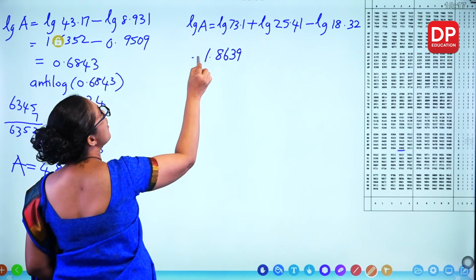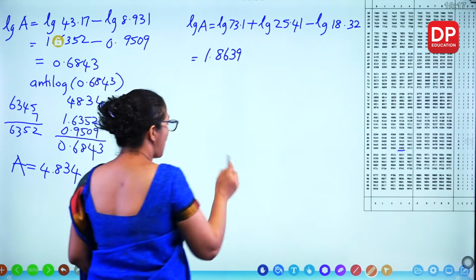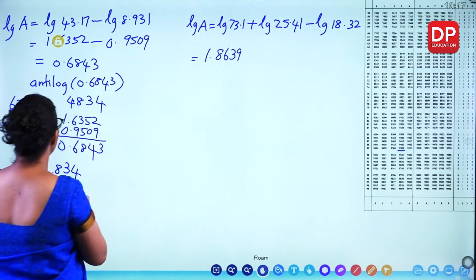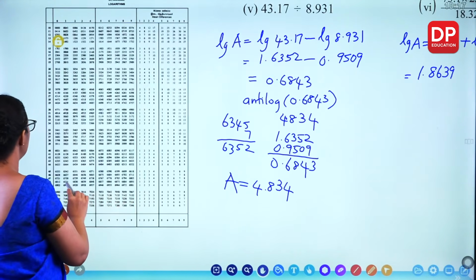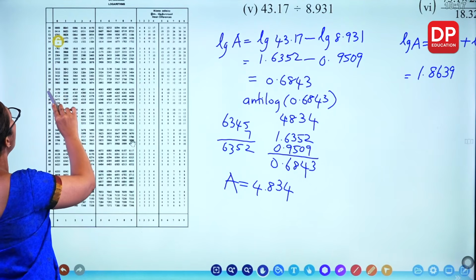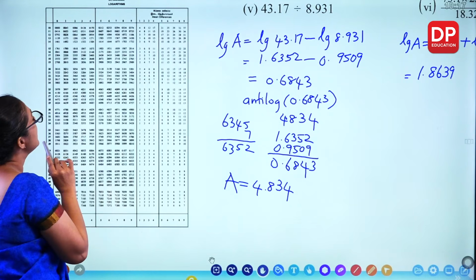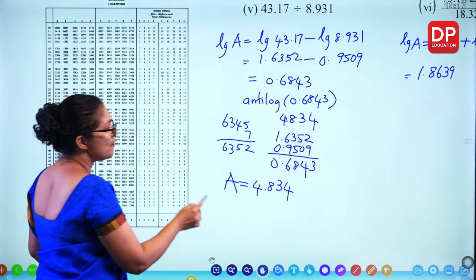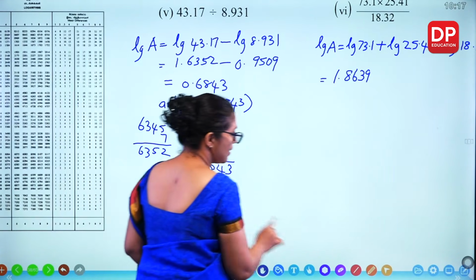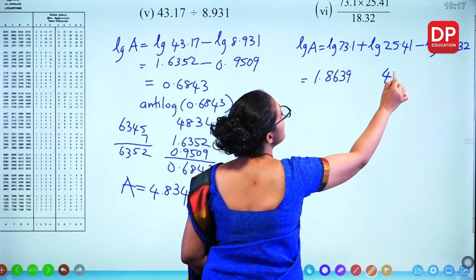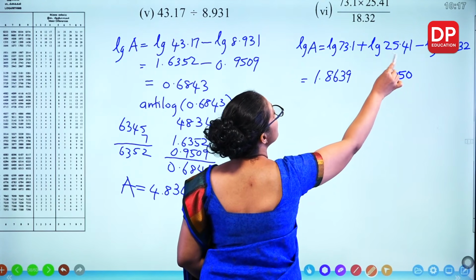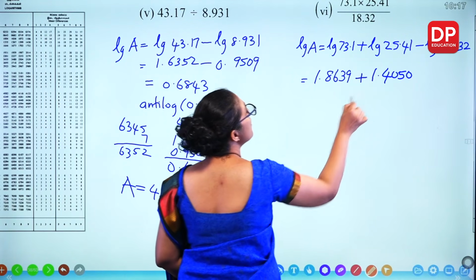Characteristic is 1. 25.41. 1 is 2. So 40.50, and the characteristic is 1.